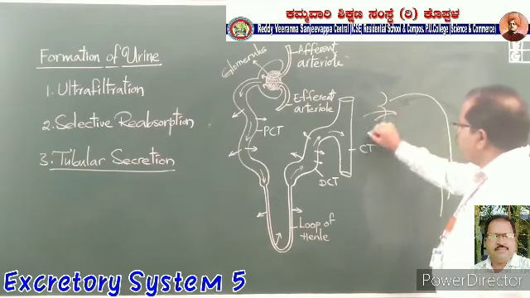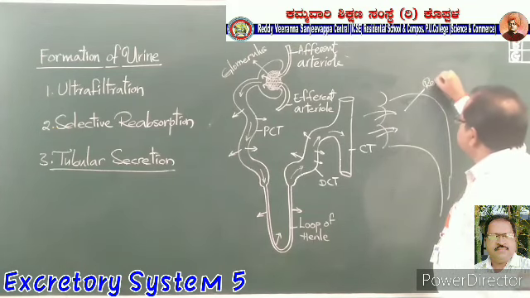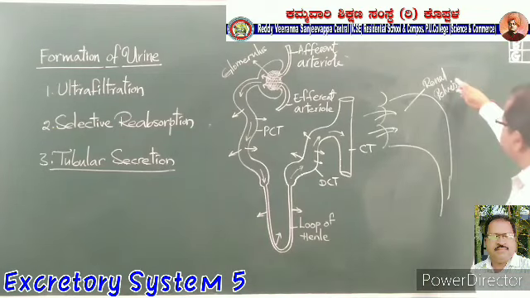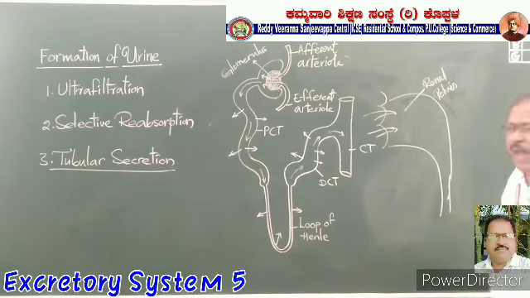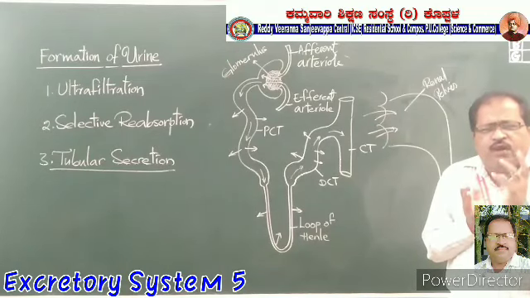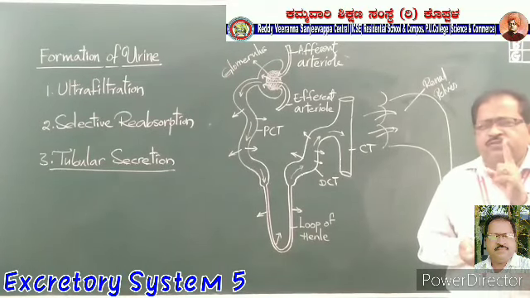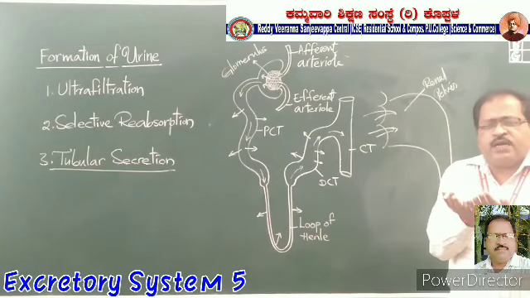This renal pelvis carries the urine to the bladder, a bag-like structure with a capacity of 1.5 liters of urine. It takes 1.5 hours to completely fill the urinary bladder.